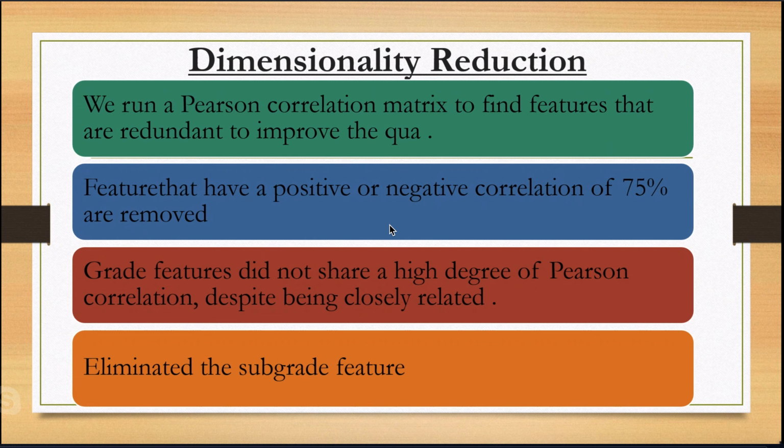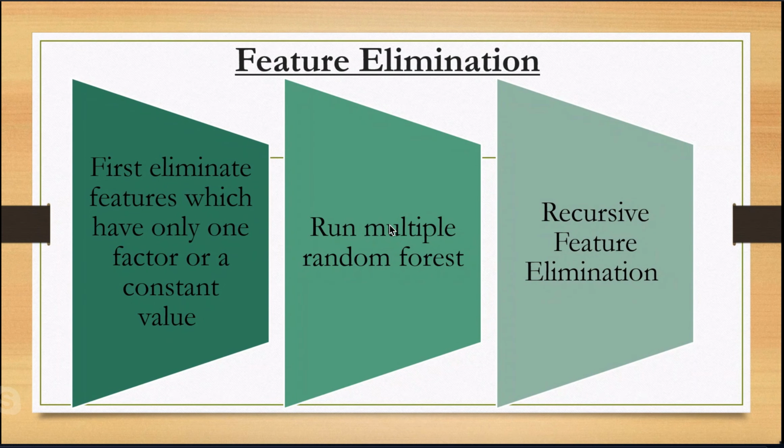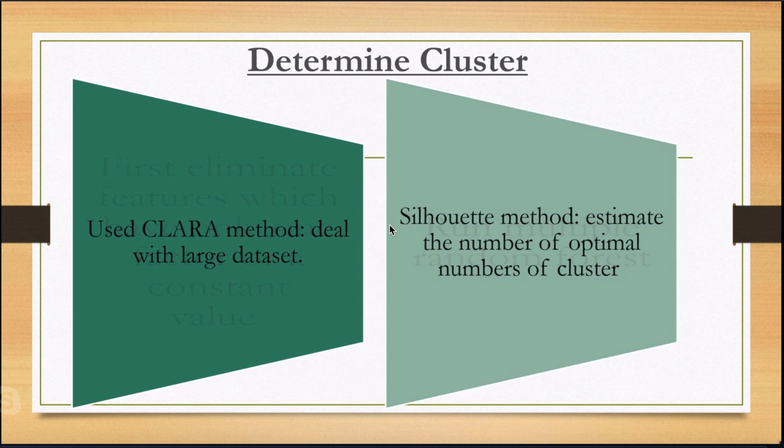Furthermore, features with positive and negative correlations of 75% or more were removed. We found that grade features did not share a high degree of Pearson correlation despite being closely related, and we also eliminated the subgrade feature. First, we eliminated features which have only one factor or a constant value, and for the rest we ran multiple random forests, and we also applied the recursive feature elimination technique in our methods.